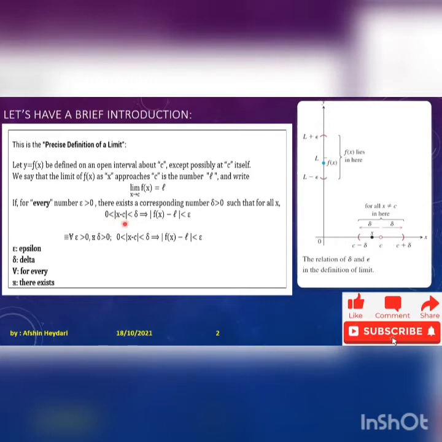Please don't forget that the concept of absolute value of, for example, x minus c is the distance between these two numbers here, and a distance cannot be negative, always is a positive distance.